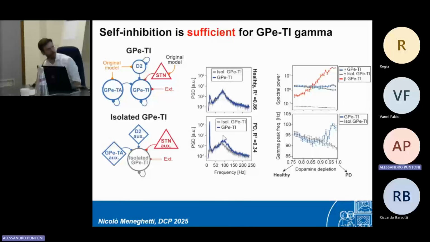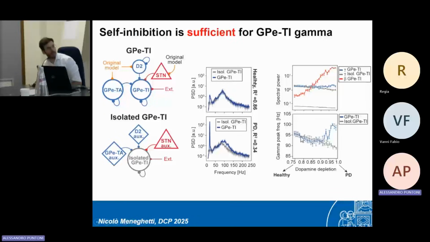But what we found is that gamma oscillation can be displayed by the nucleus, but we were not that satisfied with the fit between the two. This can also clearly be seen here: for example, take a look at the central frequency of the gamma oscillation switching from the healthy to the Parkinson condition.